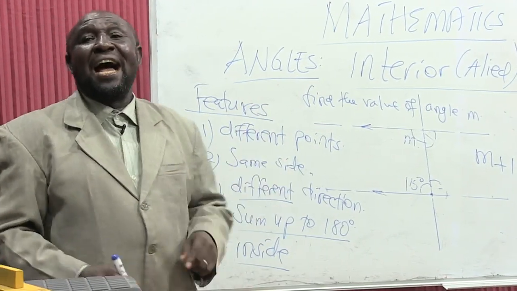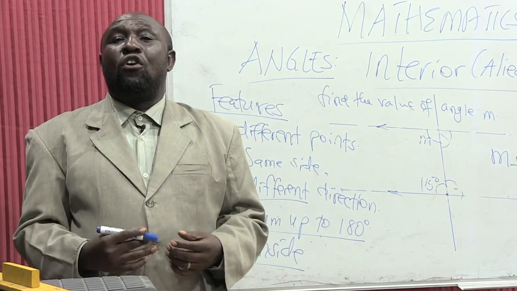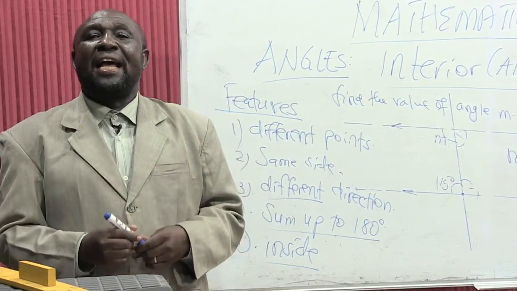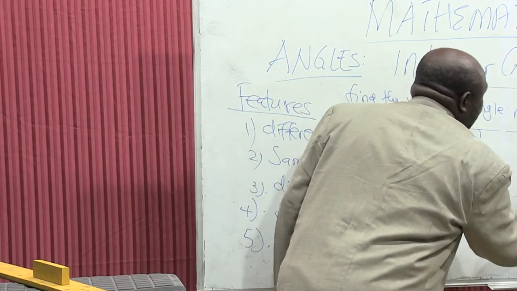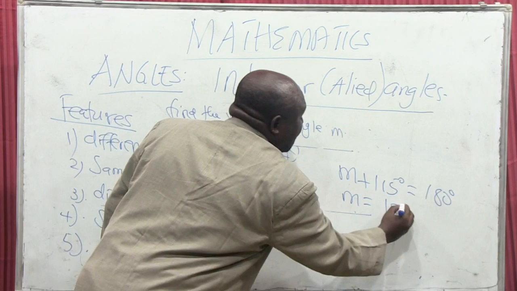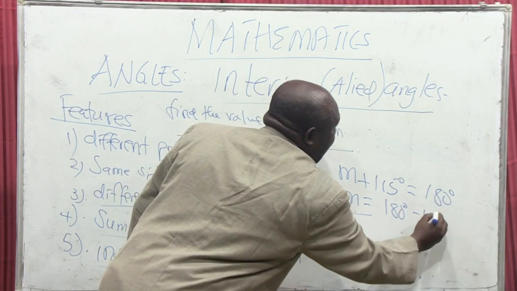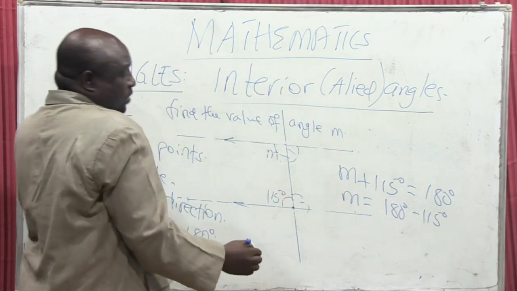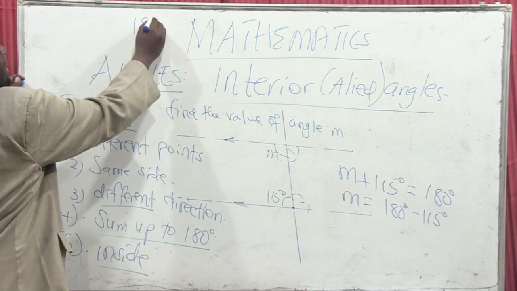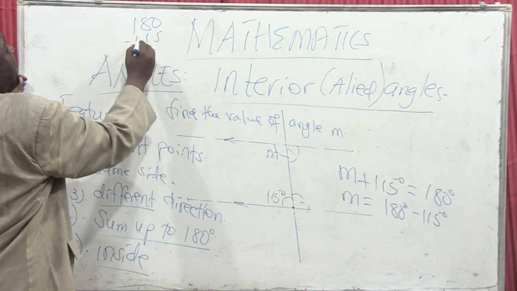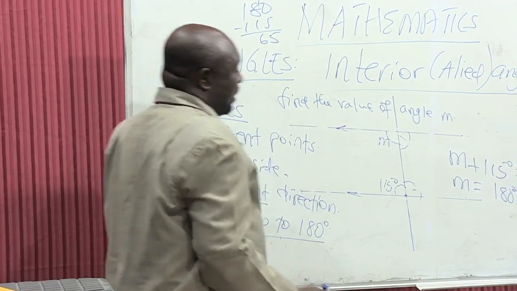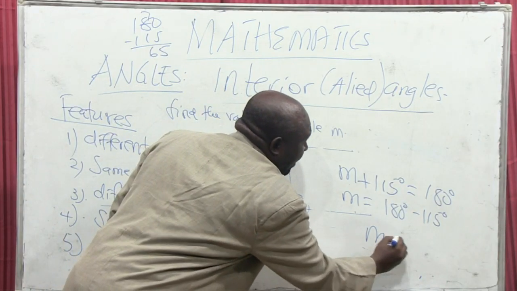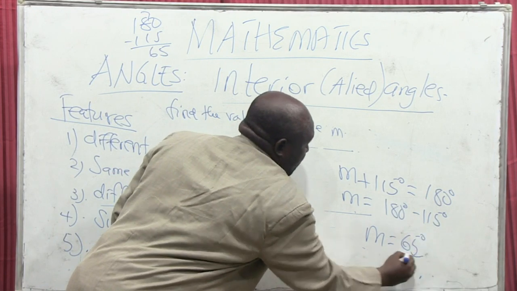Because they are allied angles, or interior angles. With this, you can solve: M equals 180 degrees minus 115 degrees. So 180 minus 115 is 65. The value of M is 65 degrees.